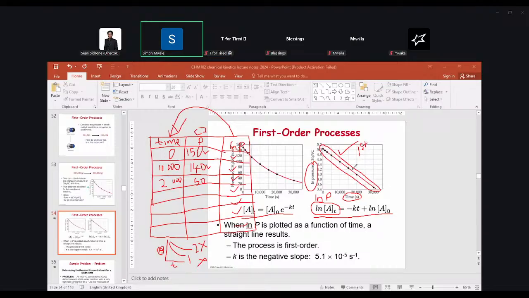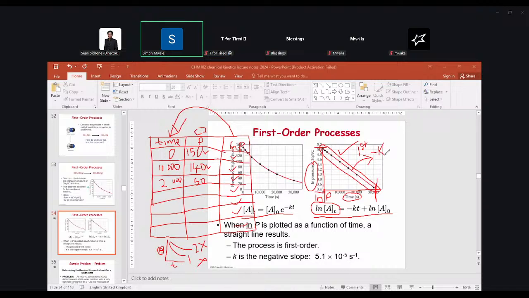When you calculate the gradient of this line, which is change in y divided by change in x, you get the negative of k.